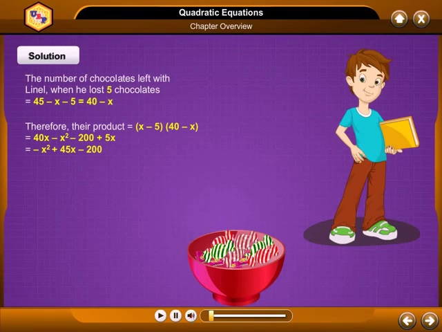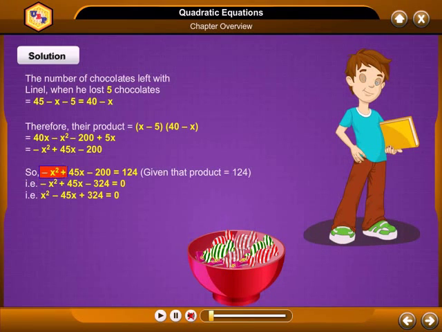Therefore, their product is equal to (x minus 5) into (40 minus x), equal to 40x minus x square minus 200 plus 5x, equal to minus x square plus 45x minus 200. So, minus x square plus 45x minus 200 is equal to 124, given that the product is equal to 124.